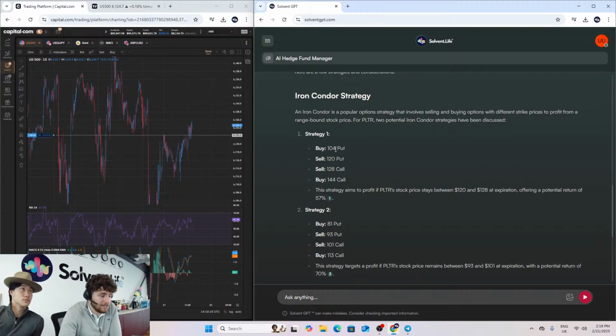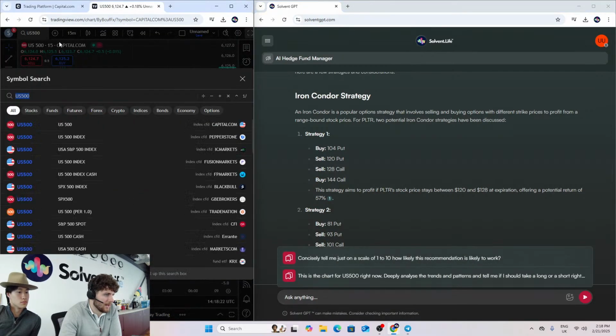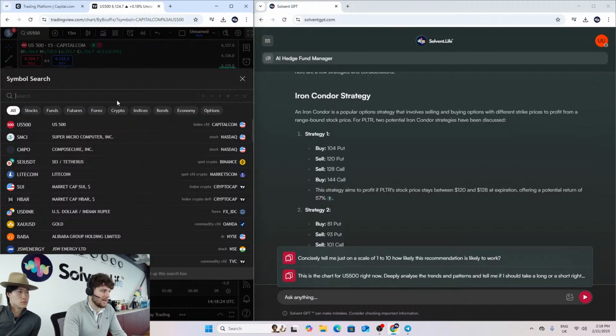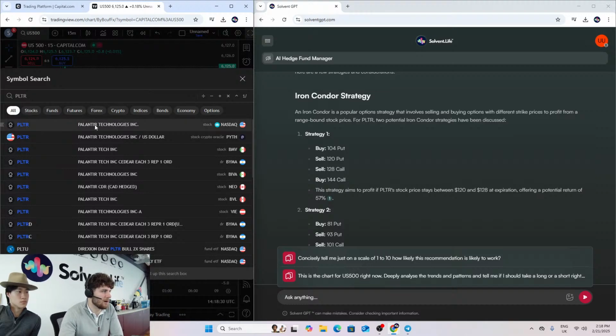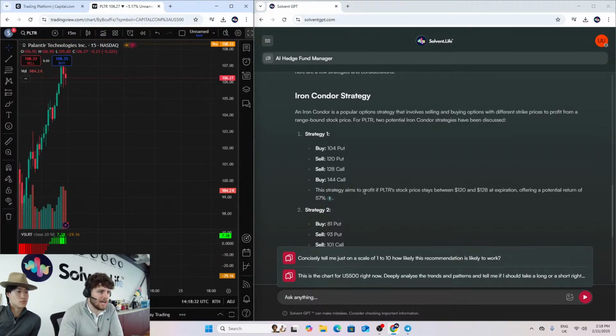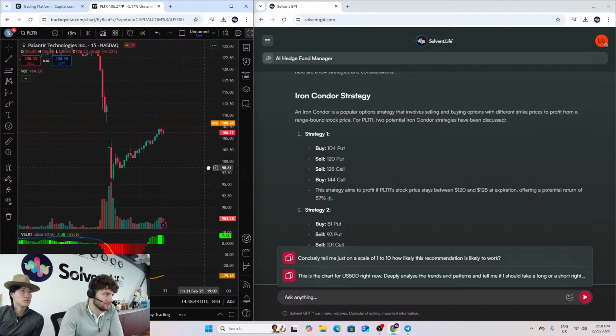One is buy the 104 put and then sell the 120 put. Now the next step is to sell a 128 call and buy a 144 call. Now, the rationale and the reasoning behind this is the strategy aims to profit if Palantir's stock stays between $120 and $128 at expiration, offering a potential return of 57%.